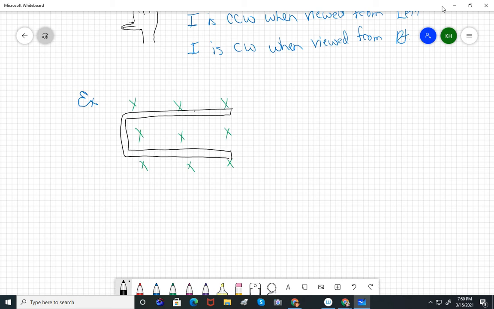And on top of that, we have a conducting rod that's free to move. And it's moving this way. Okay, let's think about it. What will be the direction of the induced current?